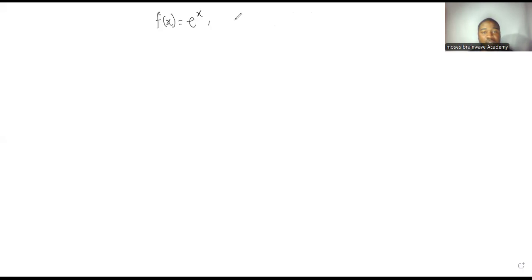Can you use it? If you have f of x is equal to, let's say, sine x, can you solve it using the first principle? And lastly, if you have f of x is equal to 1 all over x, can you use the first principle to solve them?